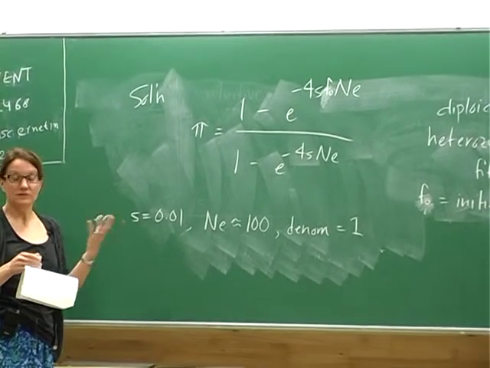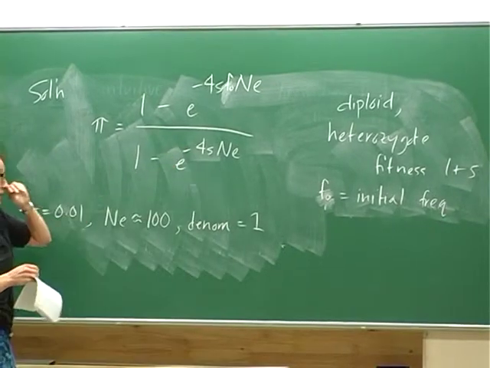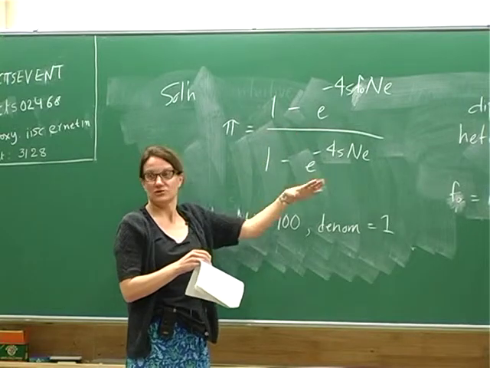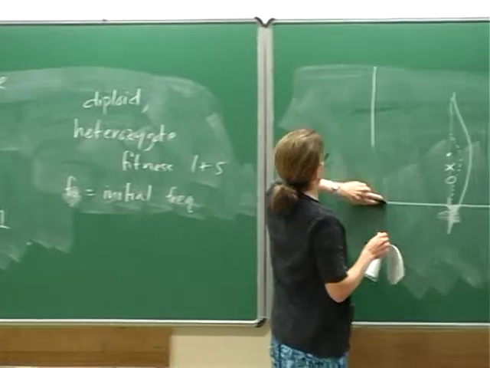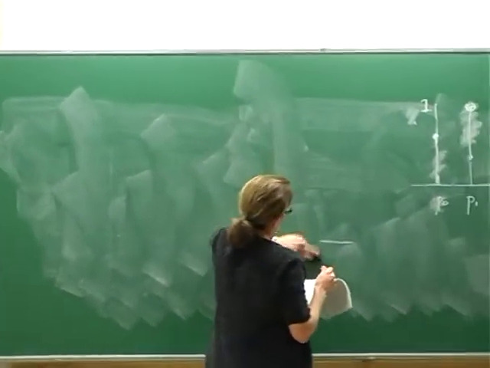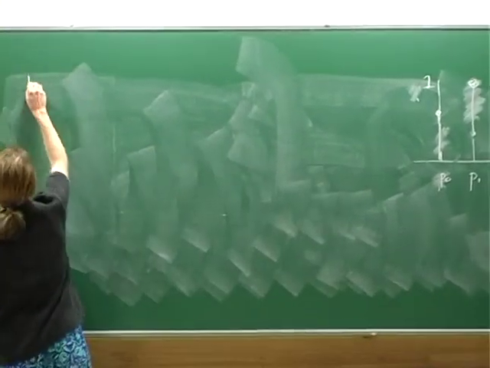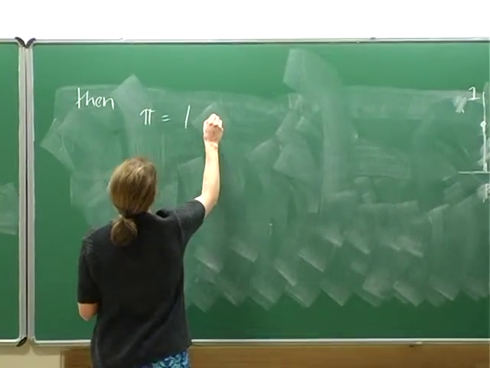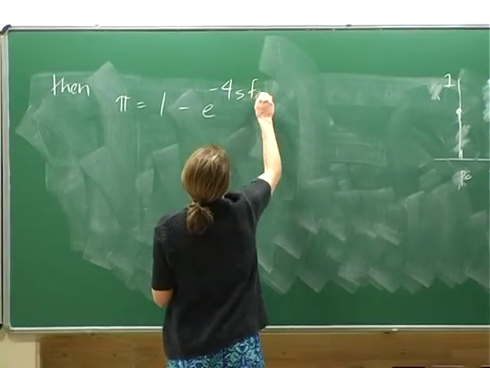So if you're working with small populations, you need to care about this denominator, or if you're working with great big selective coefficients. But for a lot of practical cases, the denominator just becomes 1. And since it will be easier for us to develop intuitions, I'm just going to talk about that case now. So if that's true, we get pi is 1 minus e to the negative 4 s f0 N_e.